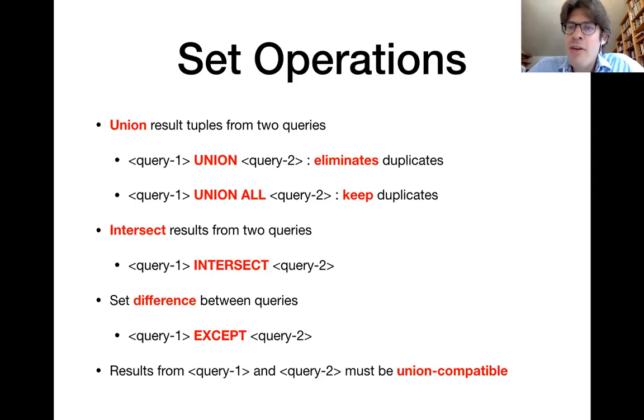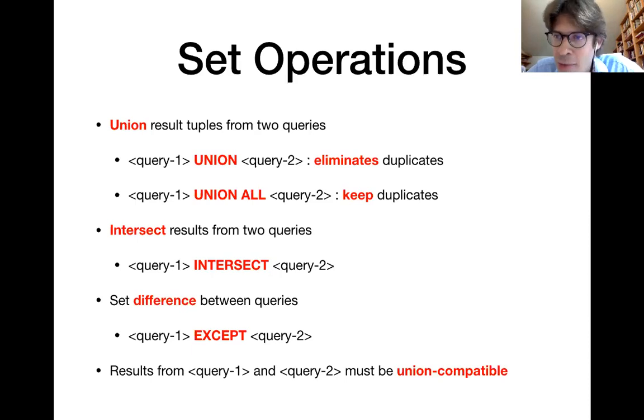And one powerful feature of SQL is that you can write queries which combine multiple other queries together. So you can essentially write composite queries that combine multiple smaller SQL queries in one way or another.